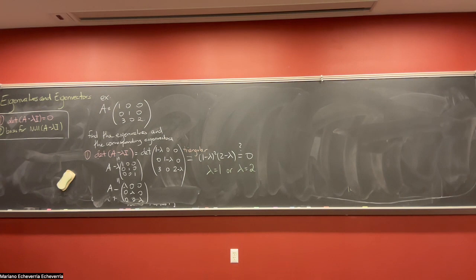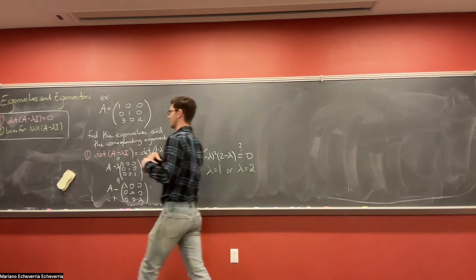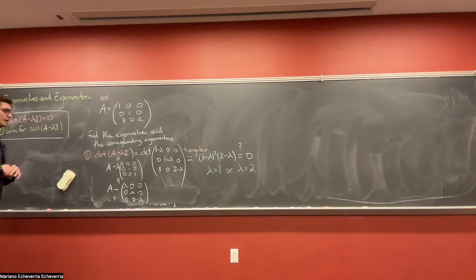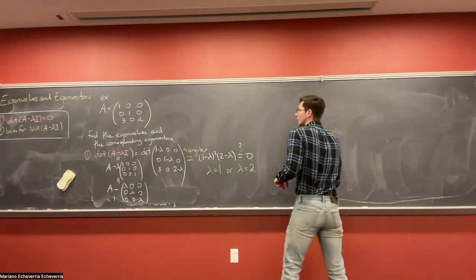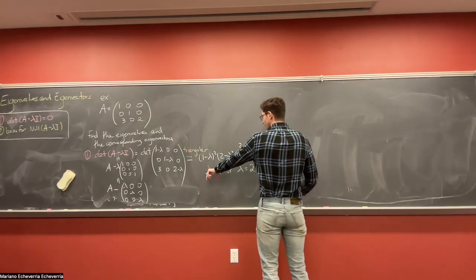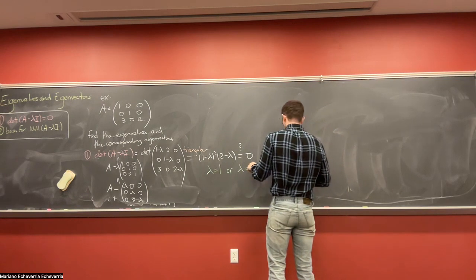Once you have the eigenvalues, for each eigenvalue you can find the corresponding, associated eigenvectors. That's where we have to look at the null spaces. Okay, so let's first find the eigenvectors for lambda equals 1.